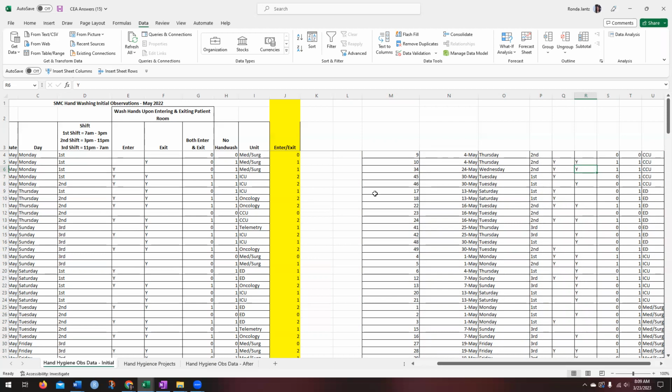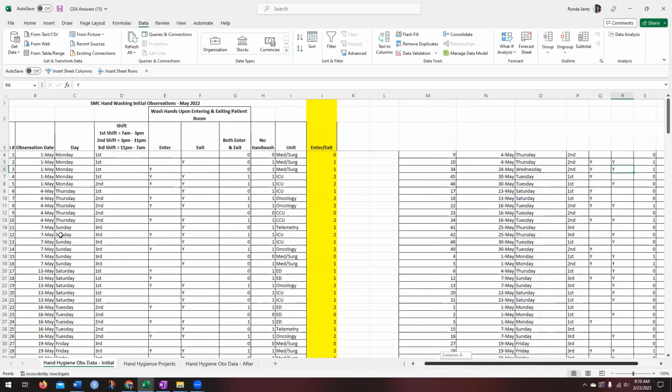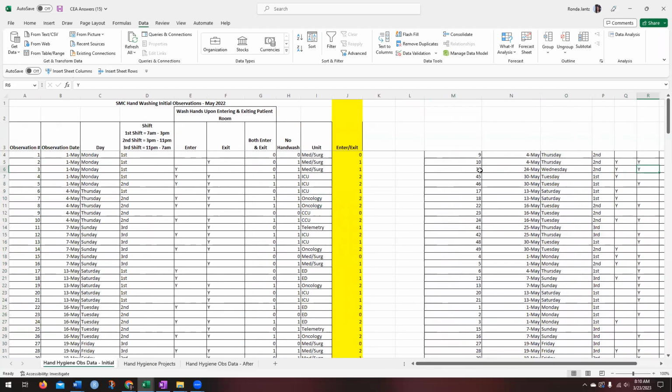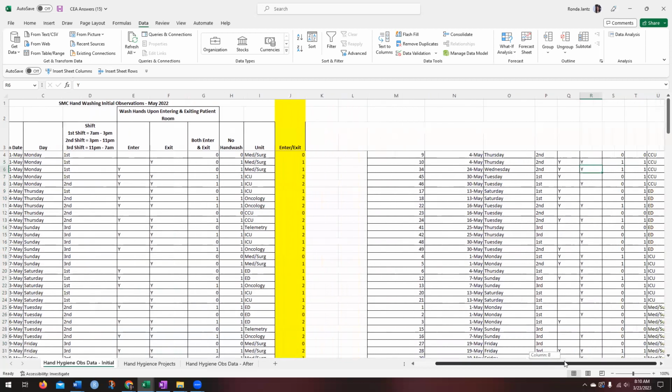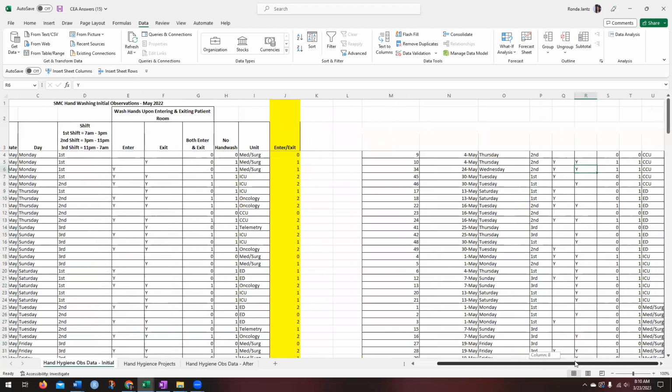And so I always sort all the data. And what I like about doing it this way is we had observation numbers. And so if you get through sorting your data and it still says 1, 2, 3, 4, 5, 6, you know that you haven't sorted this whole selection. So that's why I feel like it's important to sort everything. That way, you've sorted it all.